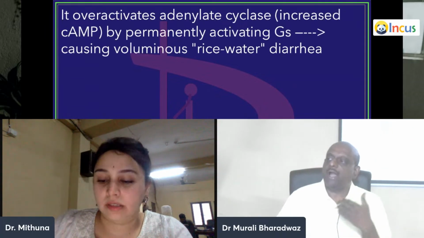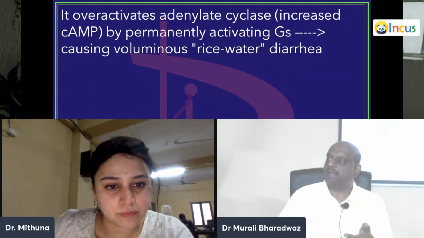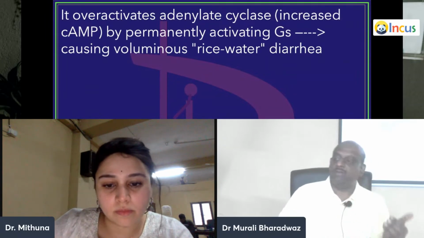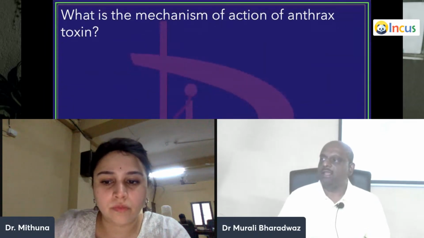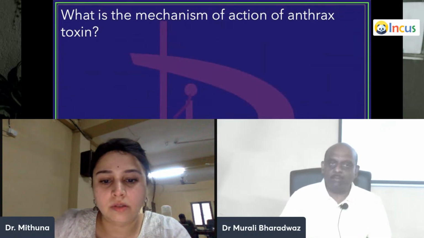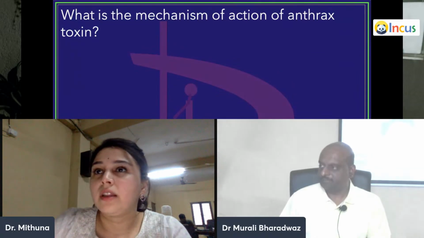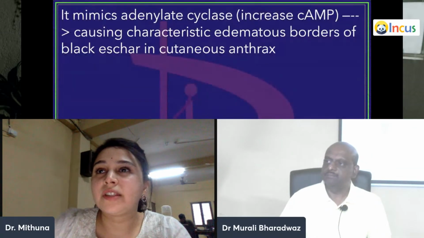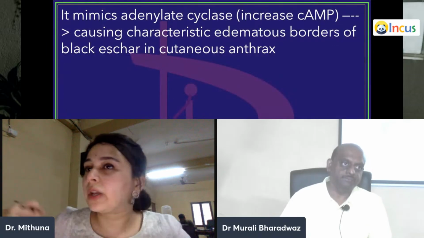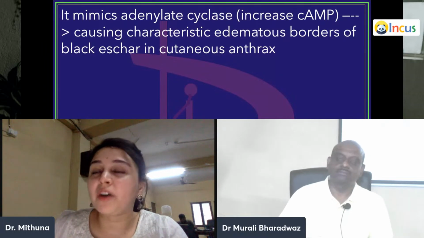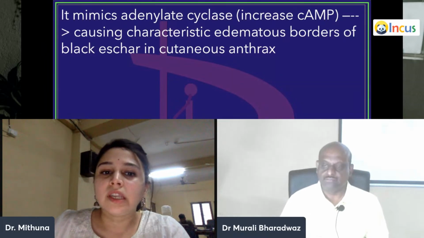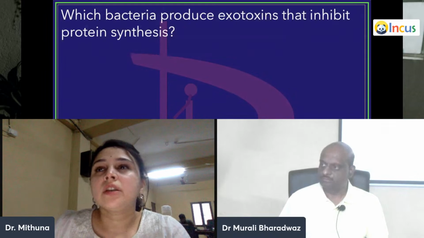So it activates the adenylate cyclase by activating the GS, leading to rice water diarrhea, is what you need to remember. So, what is the mechanism of action of anthrax toxin, doctor? Like I said, sir, it prevents phagocytosis because of its capsule, and the exotoxin edema factor leads to edema around the eschar. It mimics the adenylate cyclase and increases cyclic AMP. Very good.